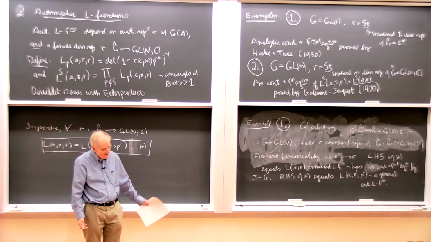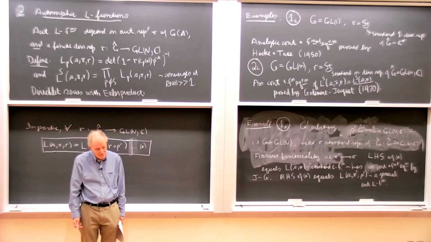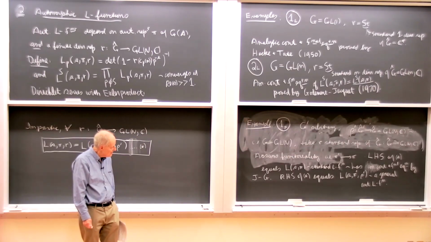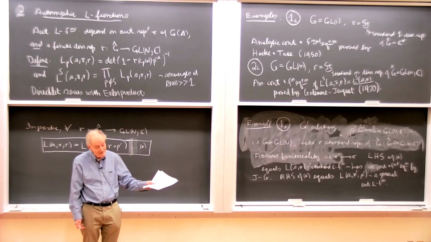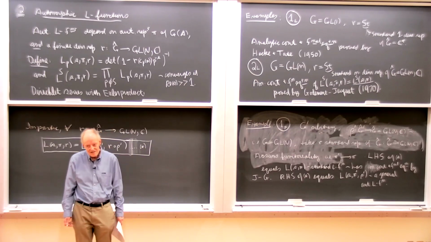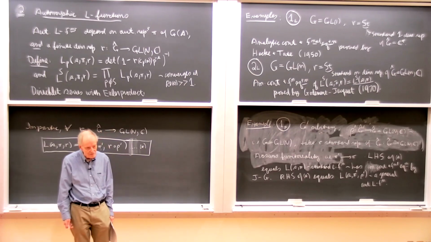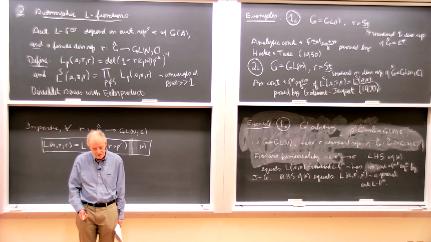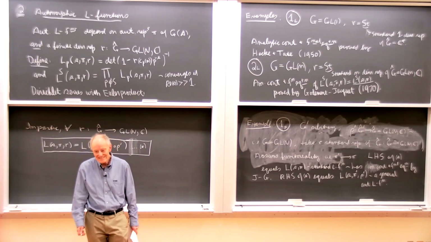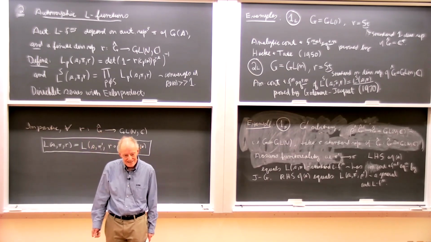When we look at what happens for quasi-split groups, this has to be put in a slightly more general setting, and then the rest of the stunning consequences of the Langlands program come through in that. I think that's the way it works. Any comment?